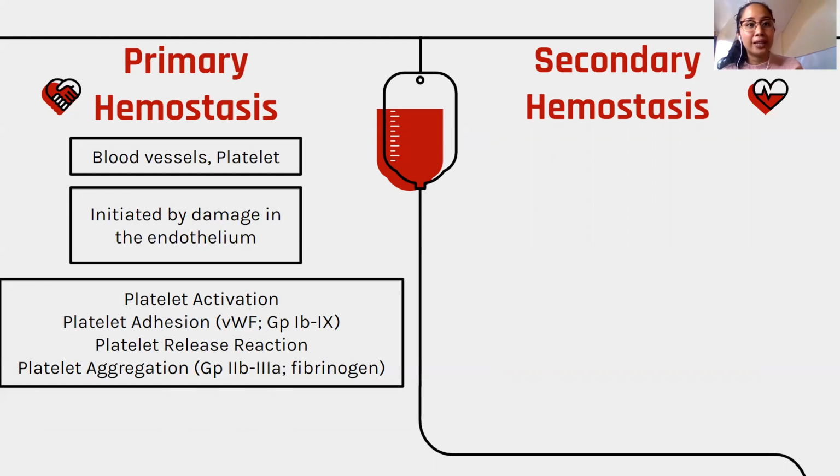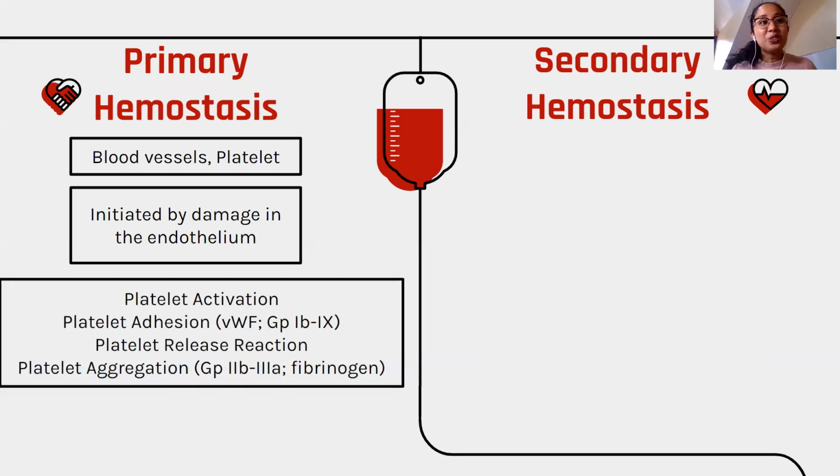This serves as a glue so that your platelet could adhere to the walls of your blood vessel. And class, the part of the platelet which adheres to the von Willebrand factor is GP1B9. GP means glycoprotein. So class, von Willebrand factor and GP1B9 are partners.